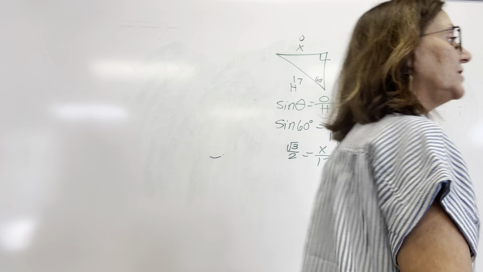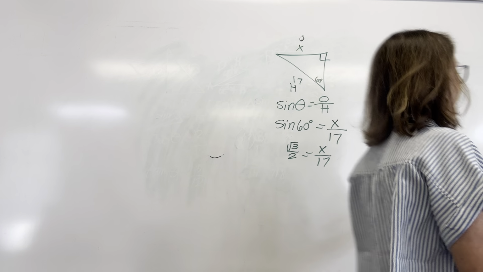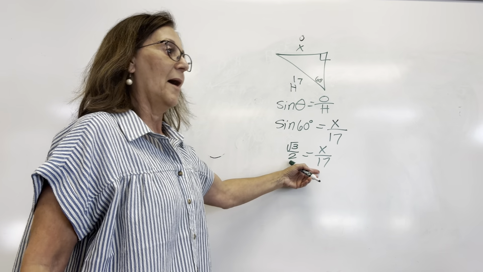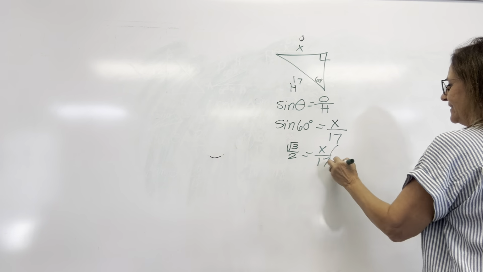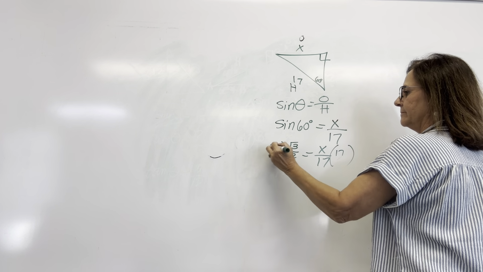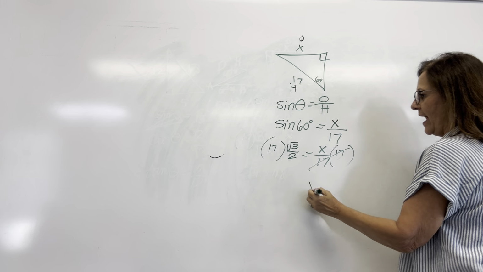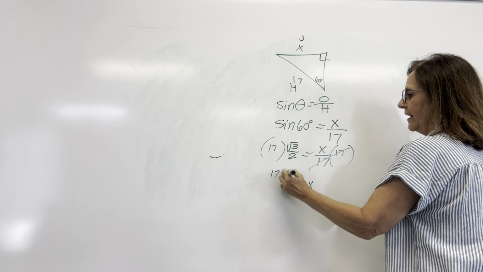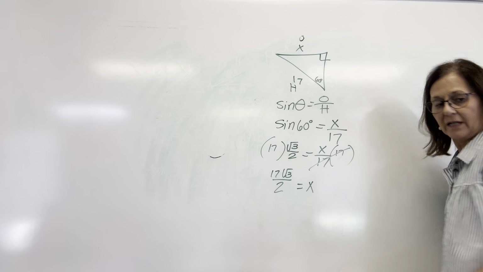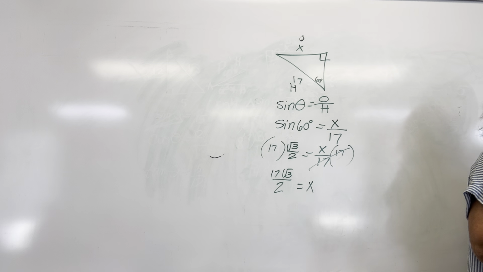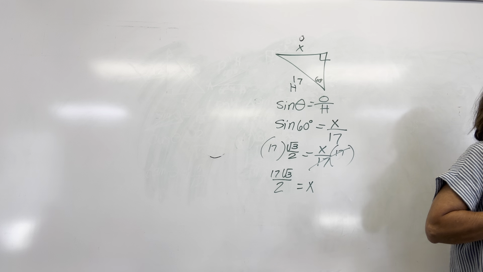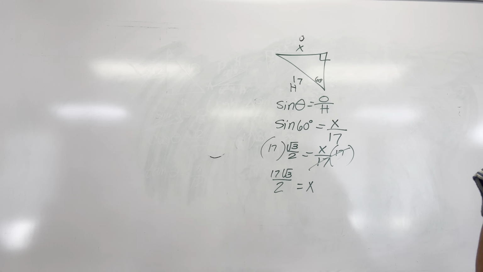How am I going to do that, Clyde? Multiply. It's the same exact thing we did last time. So X, your calculator should leave it like that. If you multiply square root of 3 over 2, does it? Please tell me it does. Yes, thank you.